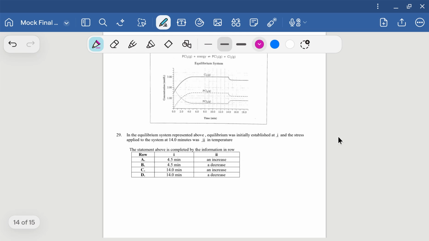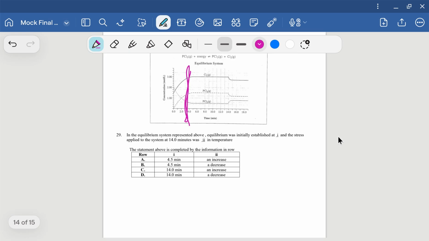Okay, so this next one, we have an equilibrium system. We know it's an equilibrium because we have all of those horizontal lines, and then we're applying a shift, or a stress, to the system. Now, we can tell it's going to be a temperature change, and the reason why we can tell is that we don't have a direct change to the system. So looking at it, the first part, the equilibrium system was initially established. So when was it initially established?